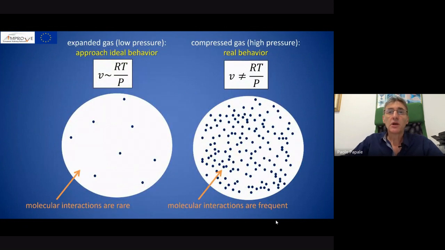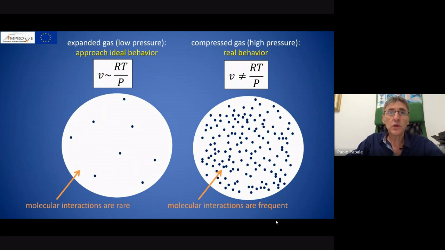That happens when the molecules are sufficiently far from each other, as in the example on the left. Or in other words, when the gas is sufficiently expanded. That's why any substance behaves ideally in the limits of zero pressure.